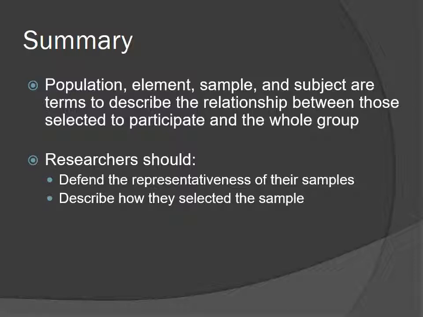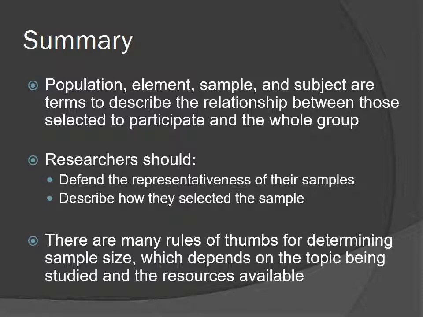The researcher should describe how the sample was selected and why it is representative. There are many rules of thumb for determining sample size, none really better than the other. You have to get a feel for the data, some practice, and make an argument that your sample is representative and allows you to make interpretations about the population that interests you.